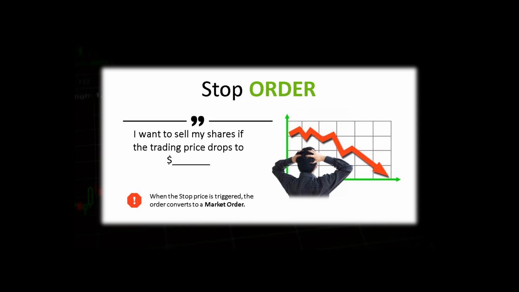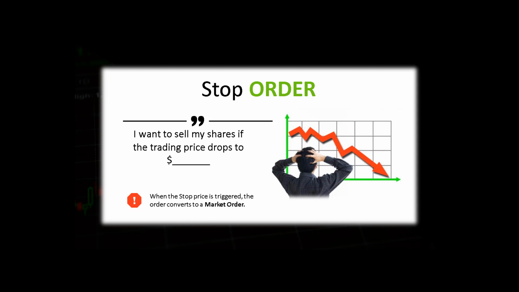Now the thing about stop orders is that they can only operate during market hours as well. So again, 9:30 a.m. to 4 p.m. Eastern Standard Time. This does not work in pre-market or after hours, so you only have that safety net during the actual open market in the middle of the day.